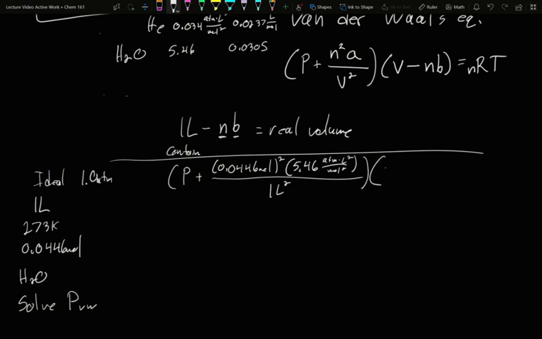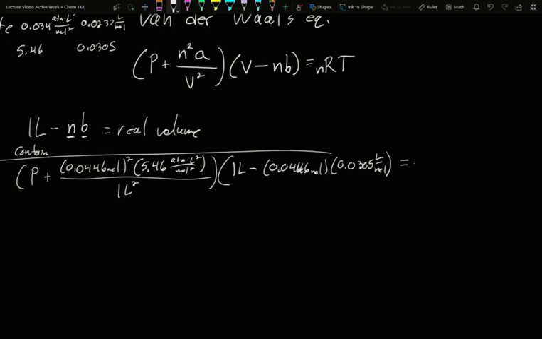All that times the volume of the container, 1 liter minus 0.0446 mole, times B for water, 0.0305 liter per mole.